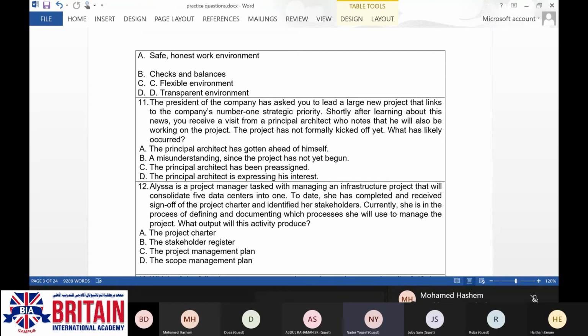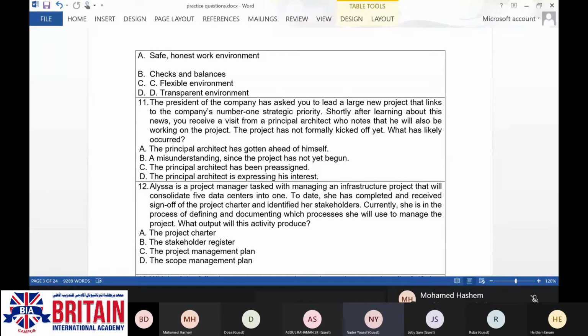Okay, what has likely occurred? The principal architect has gotten ahead of himself since the project has not yet started. Misunderstanding since the project has not yet begun. The principal architect has been pre-assigned.